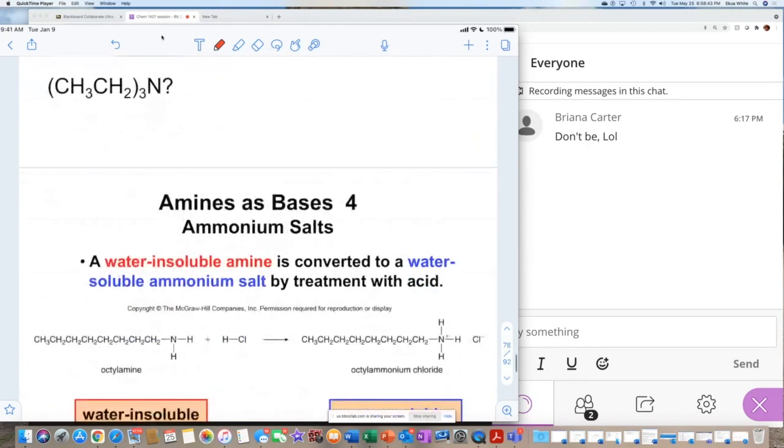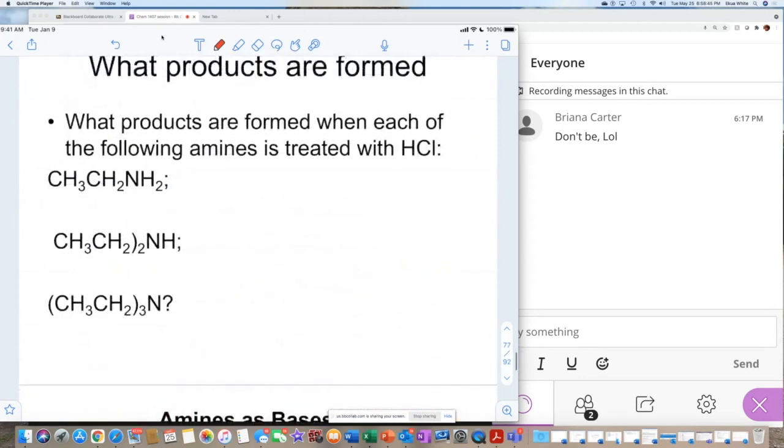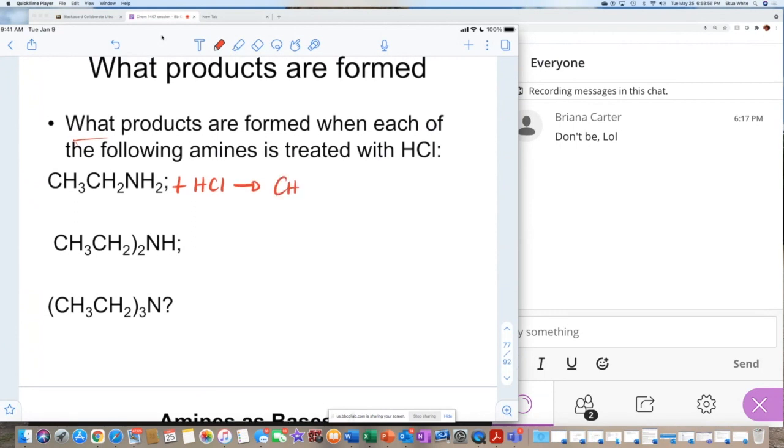Okay. Oh. So what products are formed when each of the following amines are treated with HCl? Okay. So right here, if I add HCl, I'm trying to see if I can get my answer without having to recopy this. I'll get CH3, CH2, and gets an extra H plus a positive charge, right?